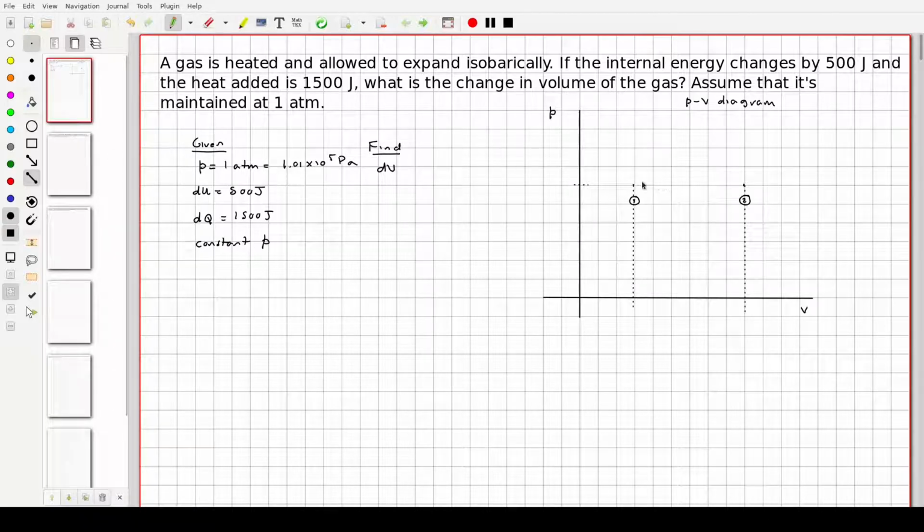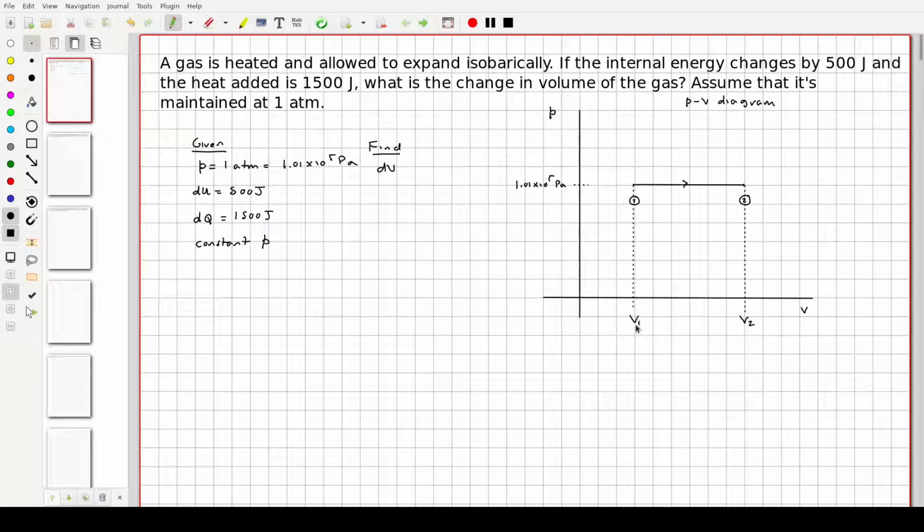Now I'm going from this state to this state during this transition in this direction, from this one volume to this volume right here, to give us a change in volume. So this would be 1 atmosphere right here, 1.01 times 10 to the 5th pascals.